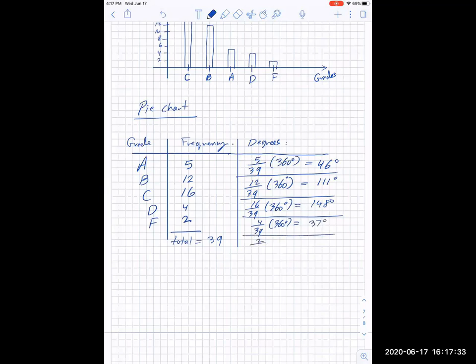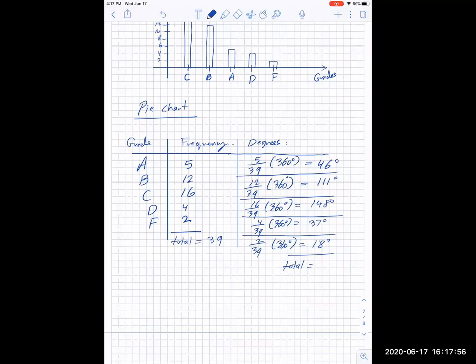And then 2 over 39 times 360. 18 degrees. Total. Again, the total should be very close to 360.